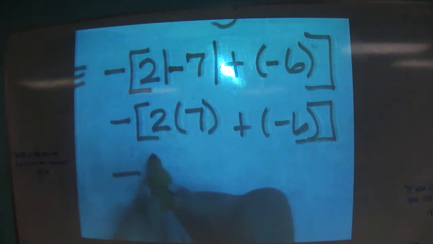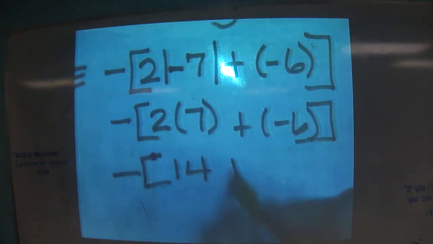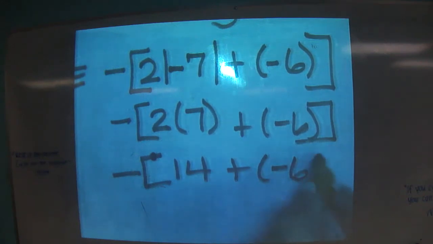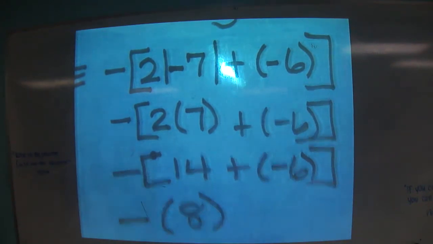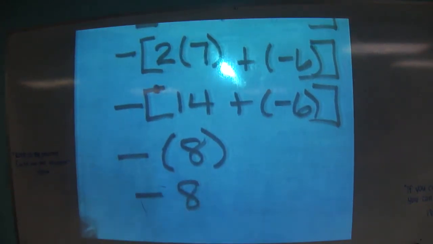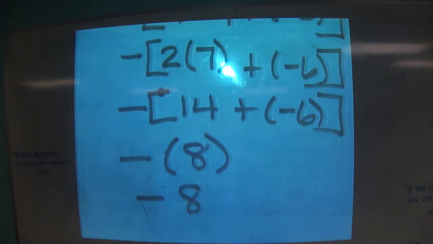What's 2 times 7? 14. So that's 14 plus negative 6 in parentheses. What's 14 plus negative 6? 8. And the answer is the opposite of 8, negative 8. It's just another way to say exactly the same thing.